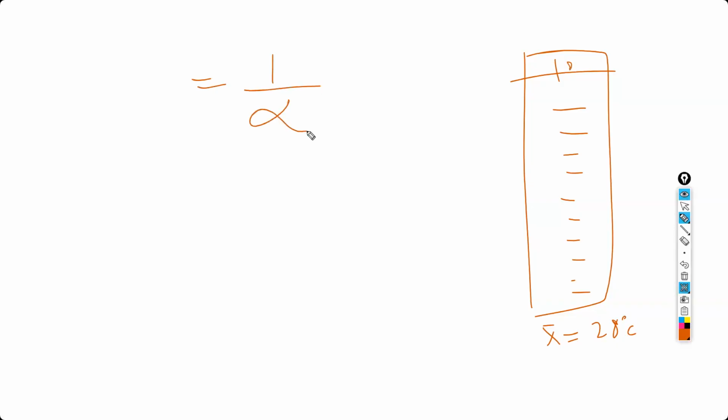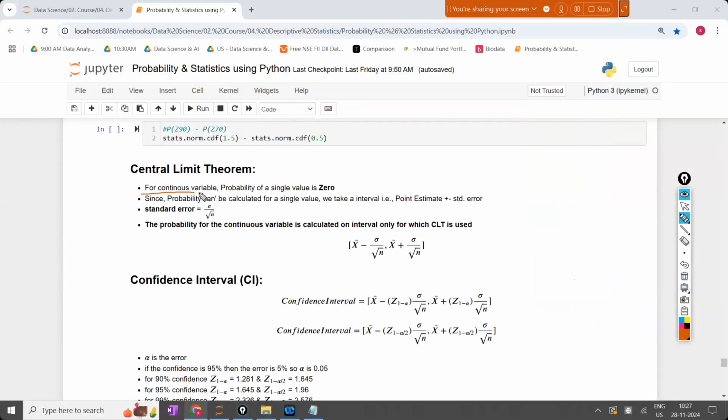An infinite number of records. 28.1 is there, 28.12 is there, 28.01 is there, 28.42 is there. Like this, an infinite number of records are there. Out of infinity, your value is one value. So 1 out of infinity, the probability of a single value is going to be 0. For a continuous variable, the probability of a single value is always 0.